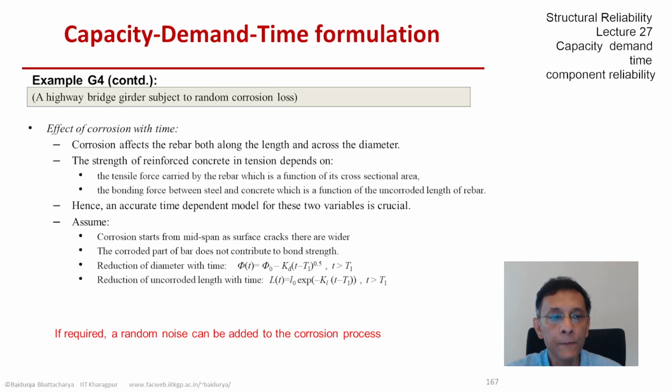So this way, the level of details that we include depends on both the need and the amount of information about the process. And that's how the underlying physics governs the mechanics and the reliability of our problem.